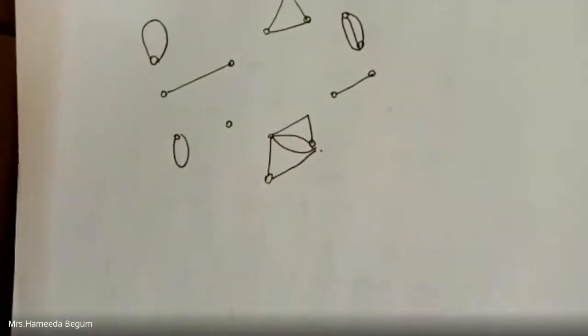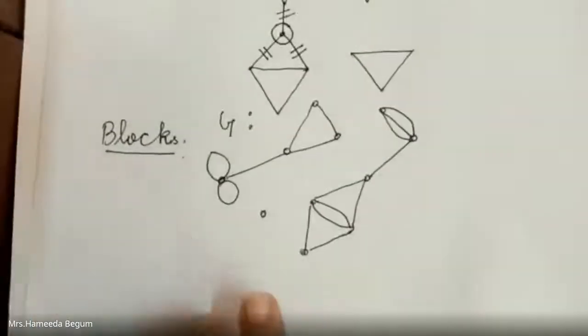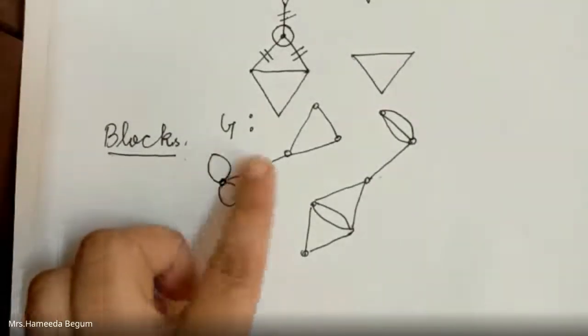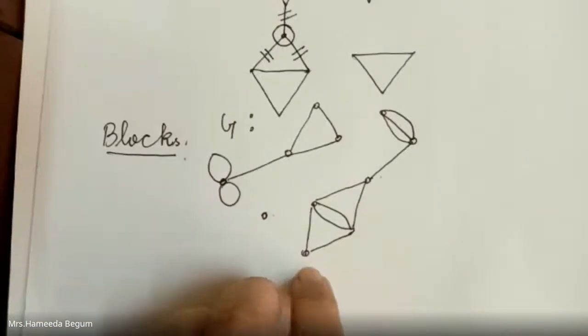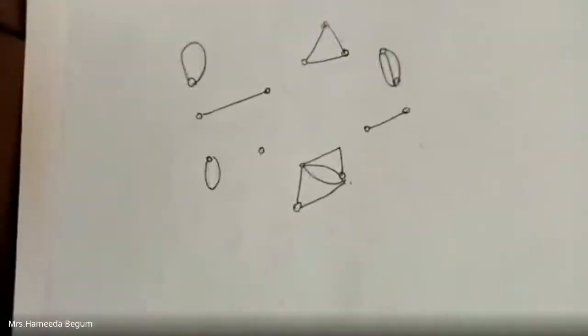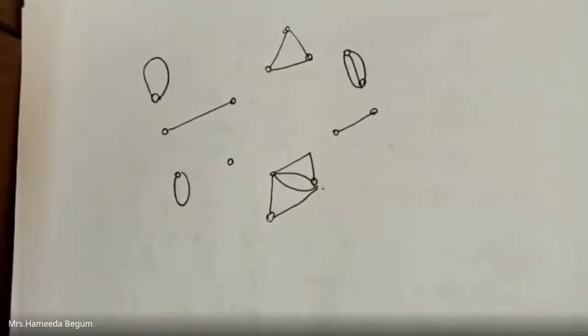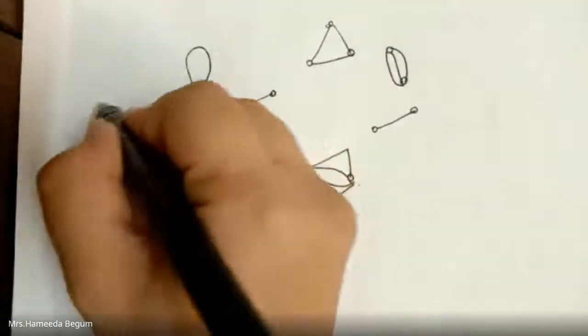If you compare the previous graph and this, you will know. So these are the blocks of G.